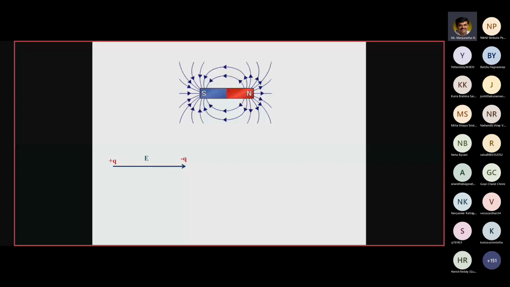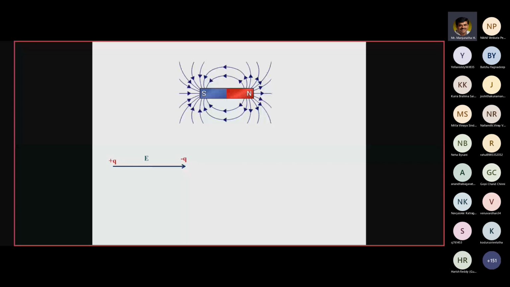Today all the definitions, even electric potential, are defined by taking a positive test charge only. You cannot change anything now. In the same way, even though monopoles do not exist, magnetic field is understood by taking an isolated north pole.